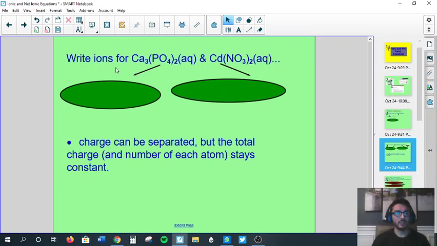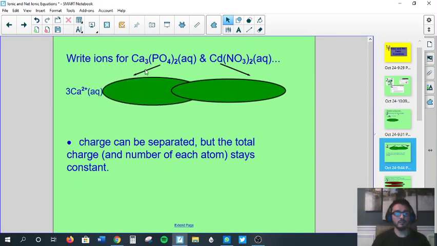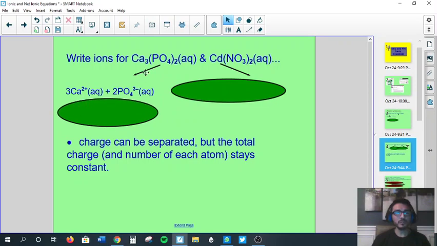Right, if you said 3, there's a 3 subscript for calcium, then you're correct, and you have to remember that the charge on calcium is +2. Phosphate is a polyatomic, and if you forgot its charge, here it is right there. Reverse crisscross it, it'll be -3. Don't forget to write aqueous for both. Right, and there are 2 phosphates because of that subscript here.